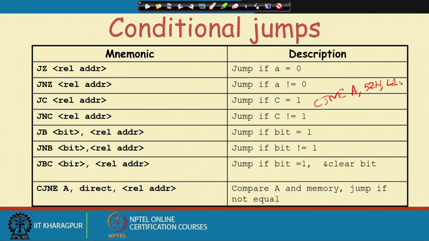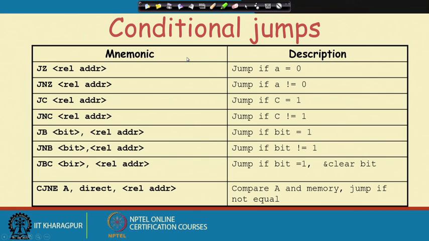That is many times useful: in a single instruction we can compare and also jump. It is basically jump on 0 and this condition checking, both taken together into a single instruction.